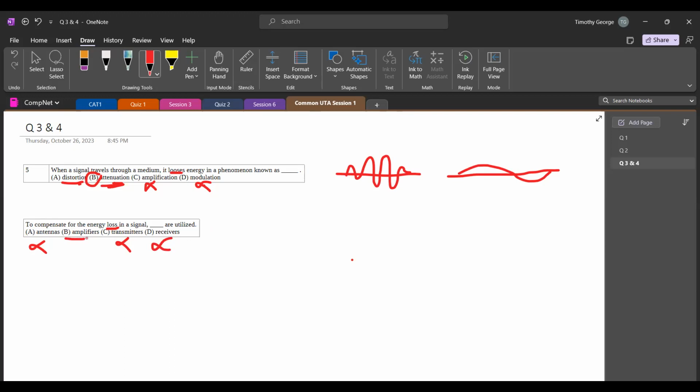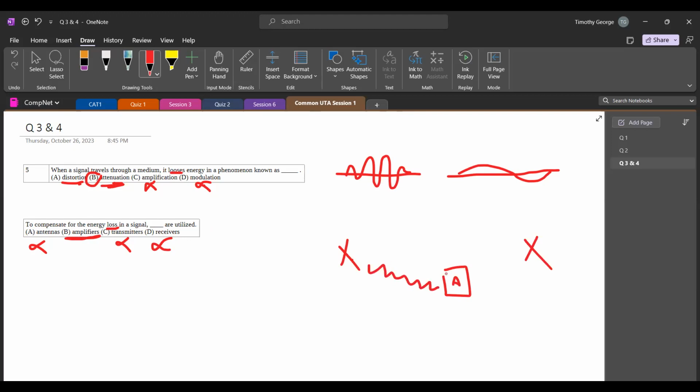And amplifiers, as the name suggests, amplify the signal. If you read network models and network architectures, if you had nodes between two faraway places, you would have an amplifier in the middle. You'd send a signal to the amplifier.